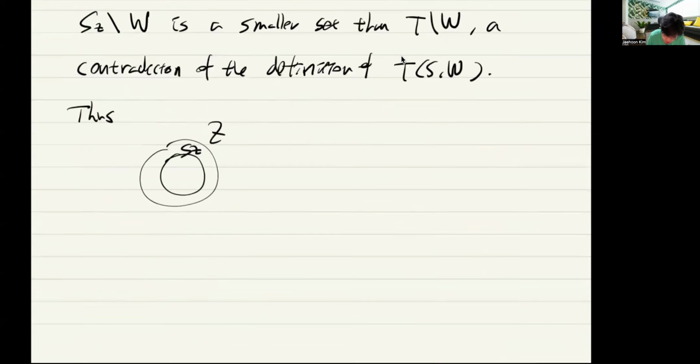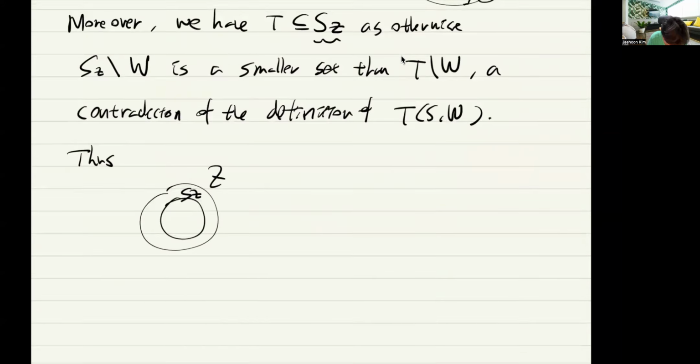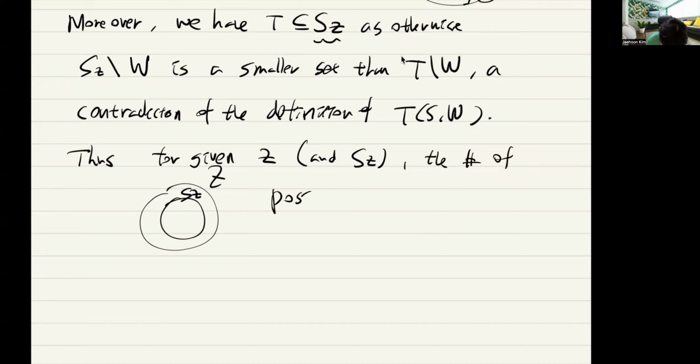It means for given G and SG, the number of possibilities for T is at most what? 2 to the Li minus 1.